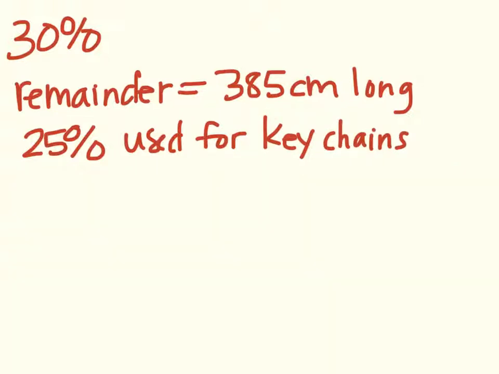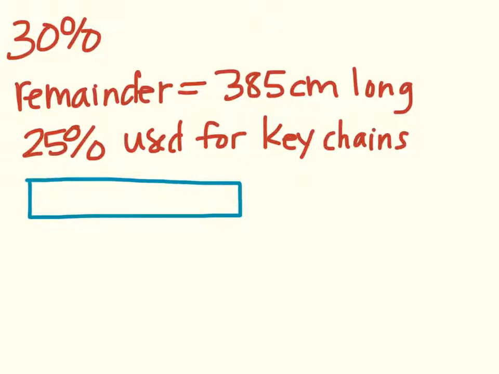The second half of the question asks us what was the remaining length of the brass chain after making the keychains. Well, now we have a 100% that is equal to 385 centimeters, right? Because we're using 25% of the remainder to make our keychains.